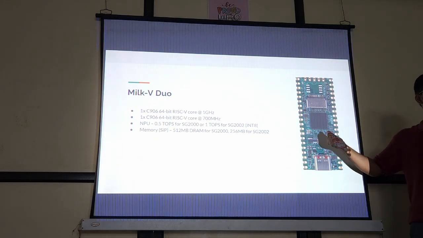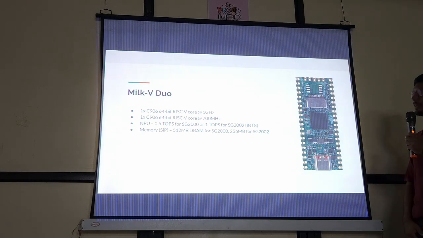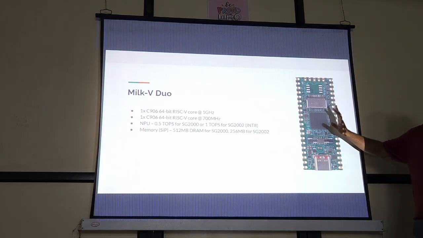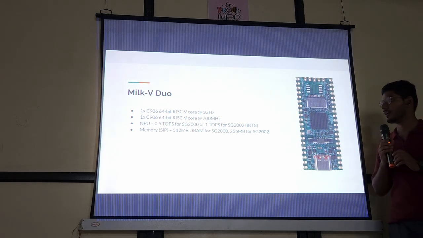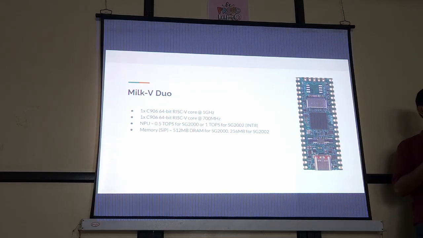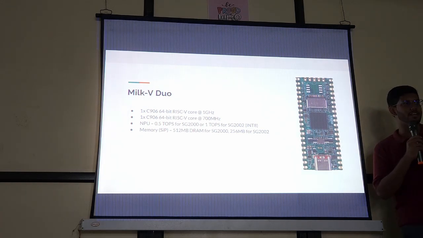It comes at around 800 rupees, but the import duty is there. You need to pay around 2,000 rupees for the import duty. The software support is good for this one. Even the upstream activity is good for this board. So if you want to get into RISC-V, I can suggest this board as well.